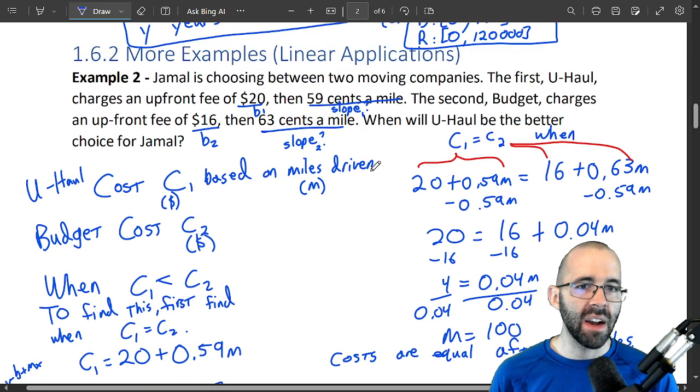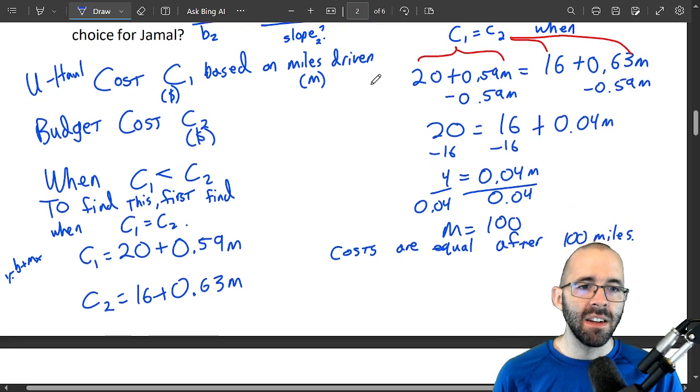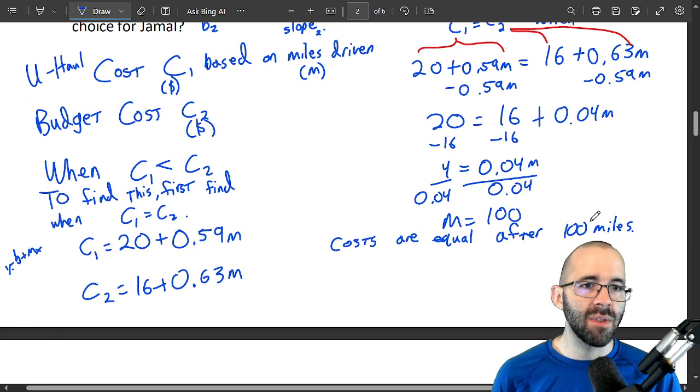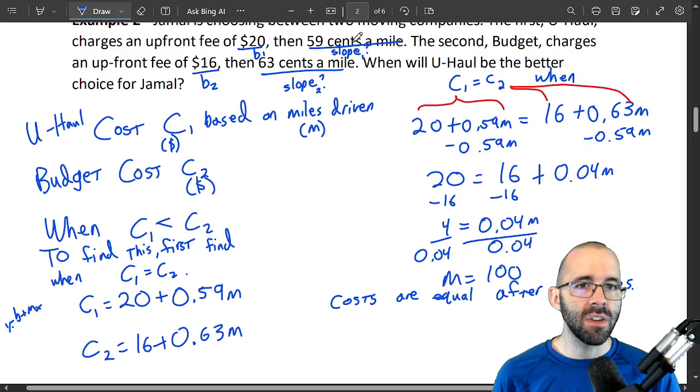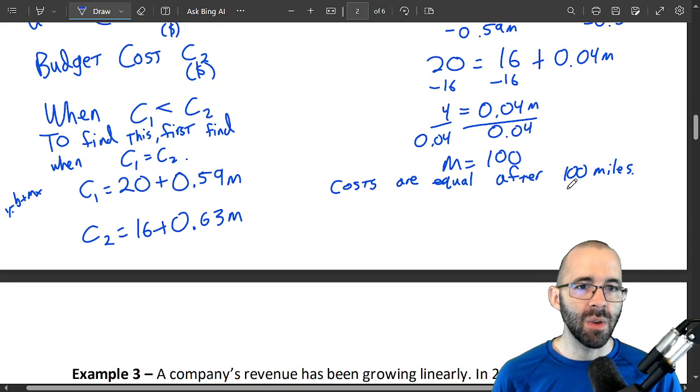There's a couple of ways of finding that. U-Haul has cheaper per mile. So if U-Haul is cheaper for every mile, and this is when they're equal, then U-Haul is going to be cheaper after this. That is one way you could do that.